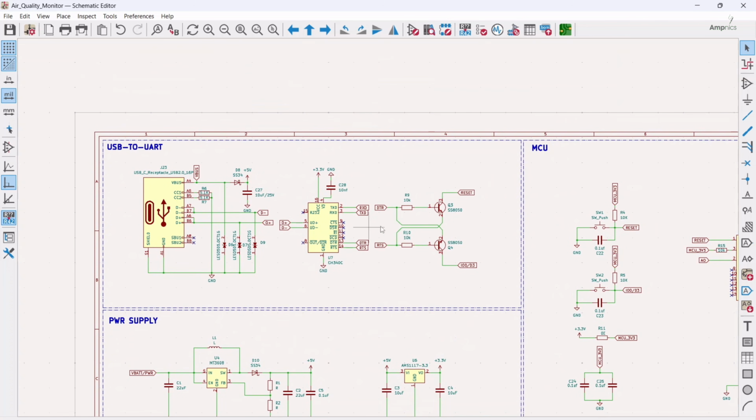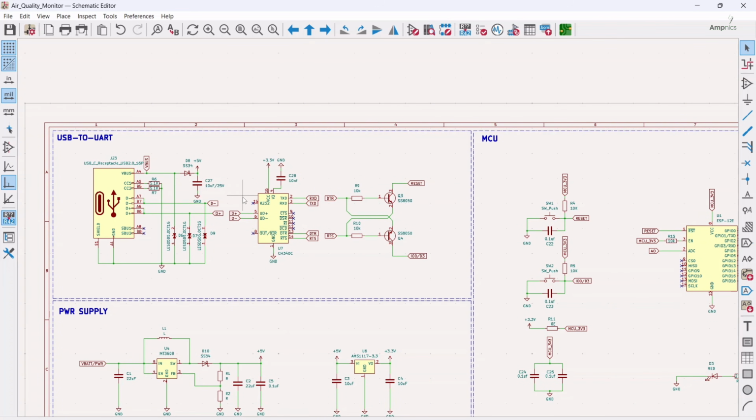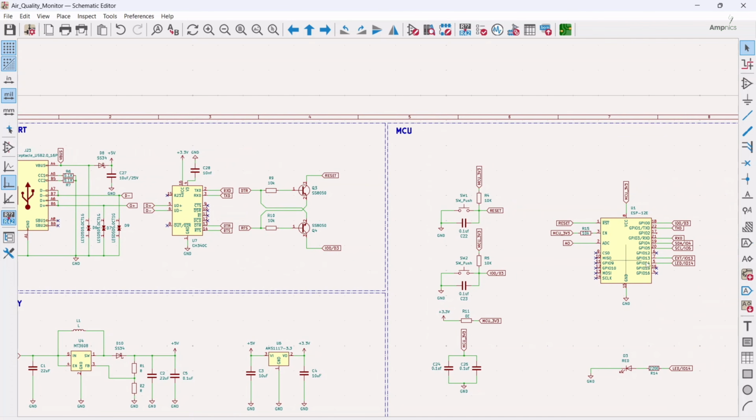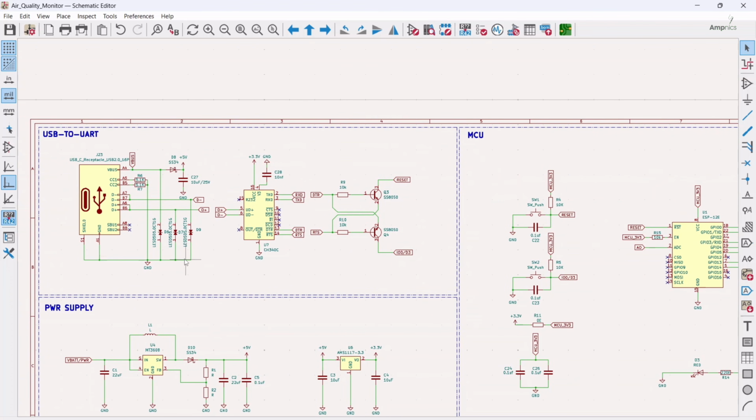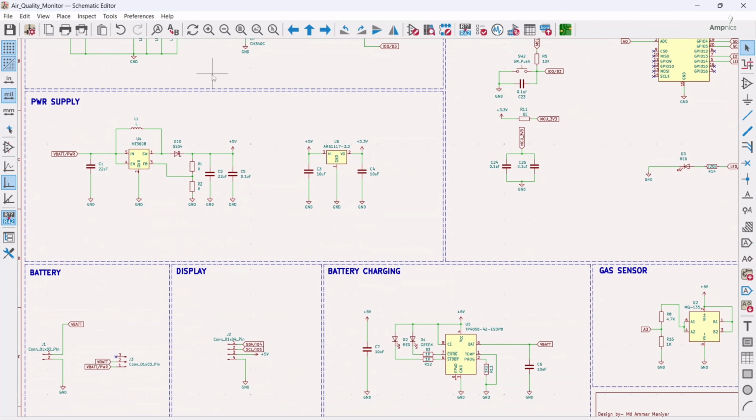In this, we have USB to UART converter. So this CH340C is responsible for converting the data of USB into UART because our microcontroller supports UART communication. So mainly this is responsible for programming and debugging. Additionally, this USB section is also responsible for charging the battery.